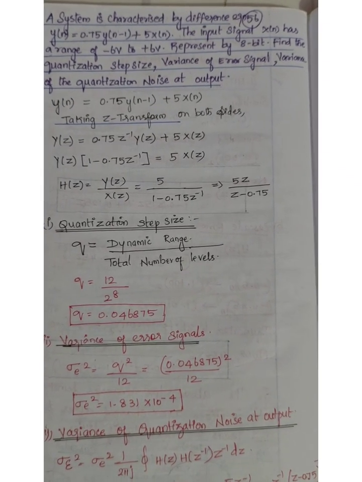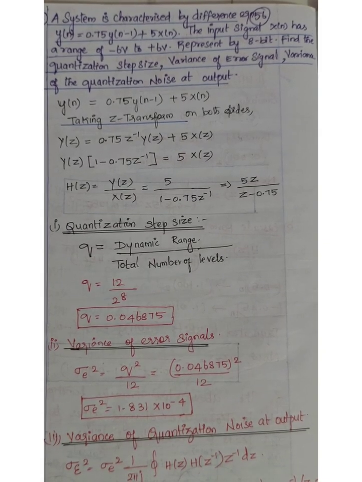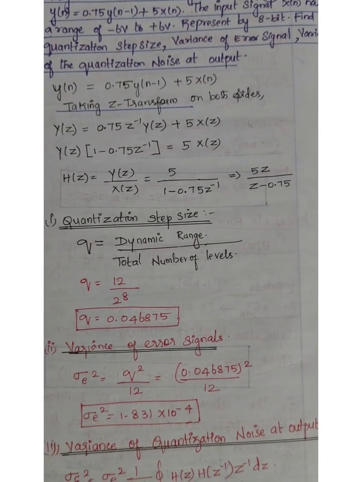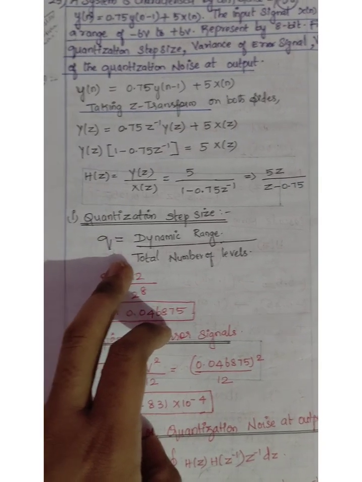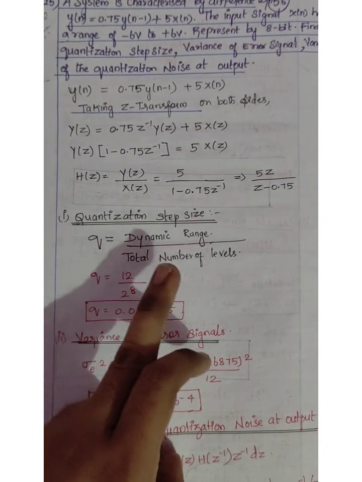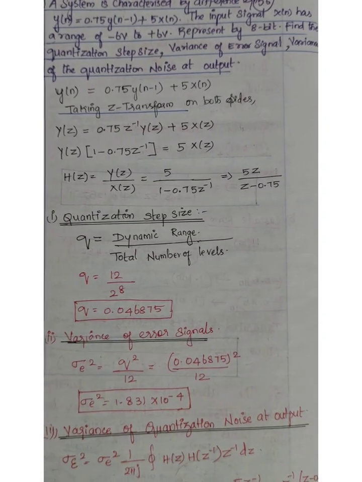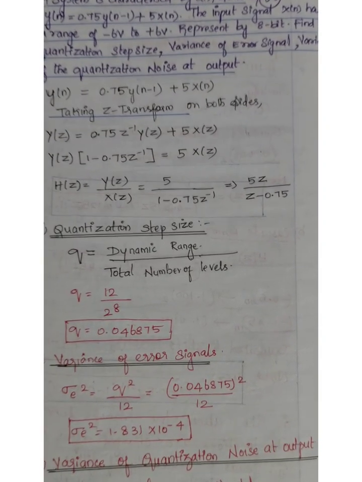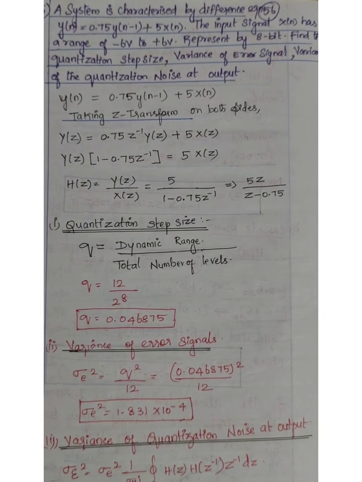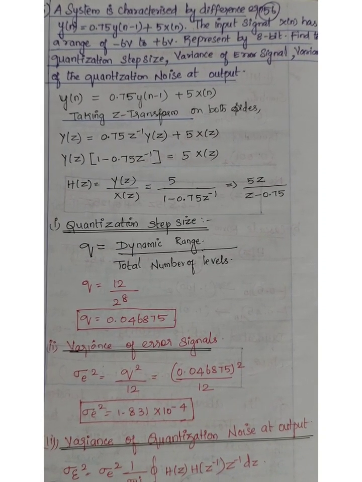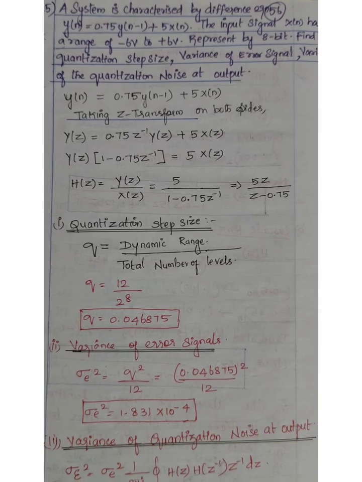See question number 1: represent by 8 bits, find the quantization step size. The symbol for the quantization step size is Q. The formula is dynamic range divided by total number of levels. The dynamic range is given in volts, -6 volt to +6 volt, that means a total of 12 volt.